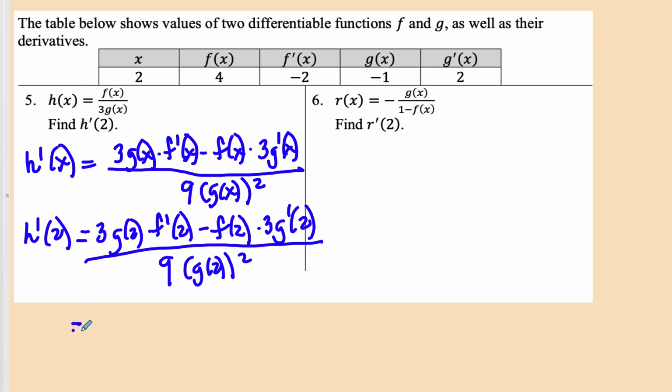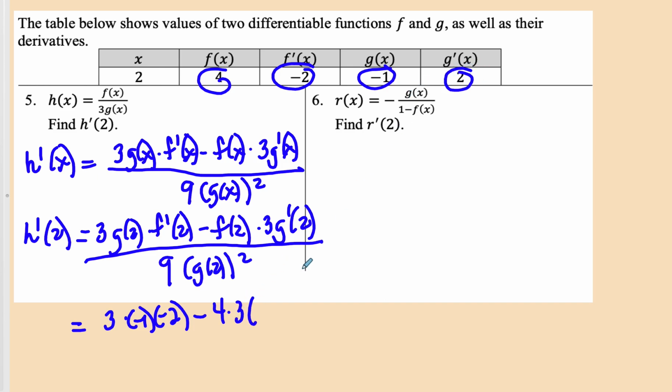All right, so that'll be 3. G of 2 is -1. F prime of 2 is -2, minus f of 2, which is 4, times 3 times g prime of 2, which is 2, all over 9 times g of 2.